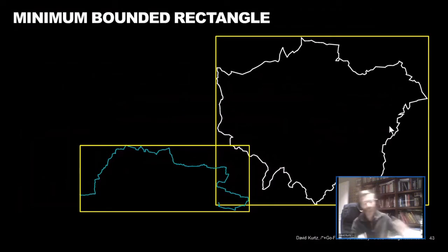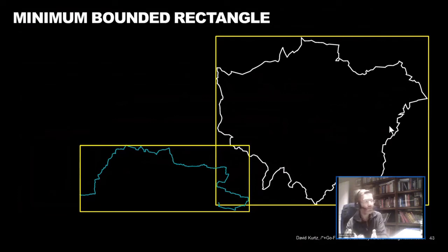So use minimum bounded rectangle to eliminate routes that you know cannot possibly be in an area, or two areas that definitely can't overlap. But be aware you're going to get some false positives like this. So only if the minimum bounded rectangle matches do you go on to do a proper comparison of the area.